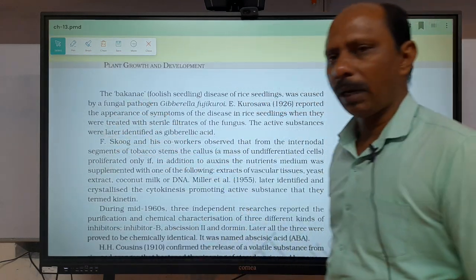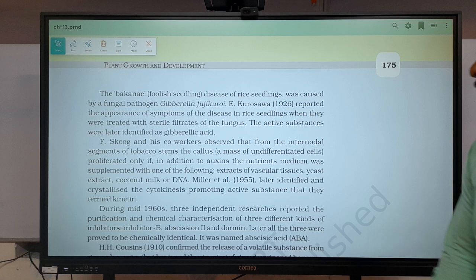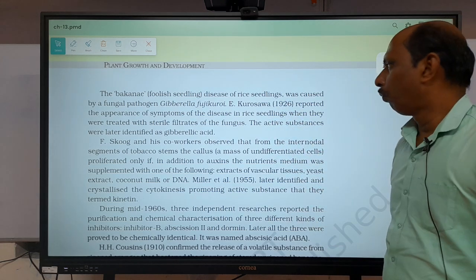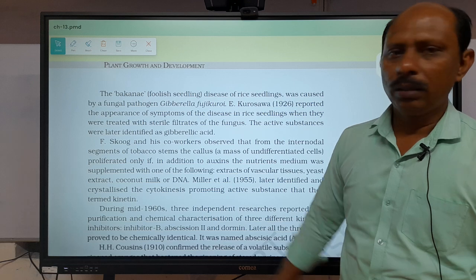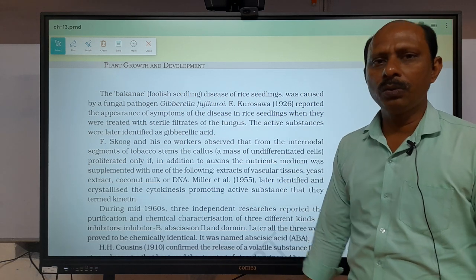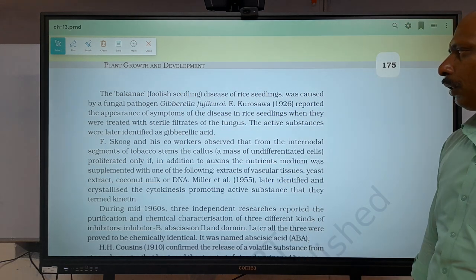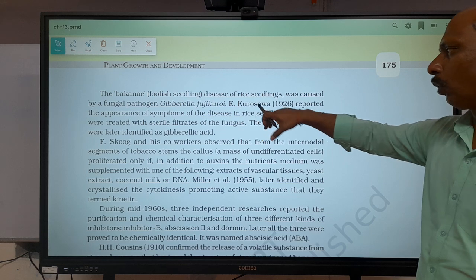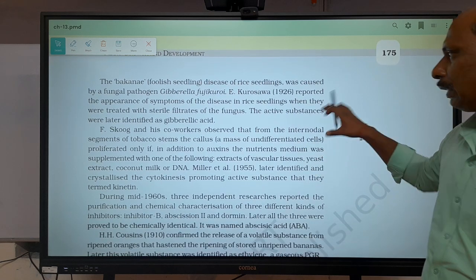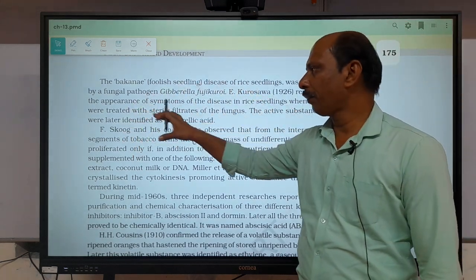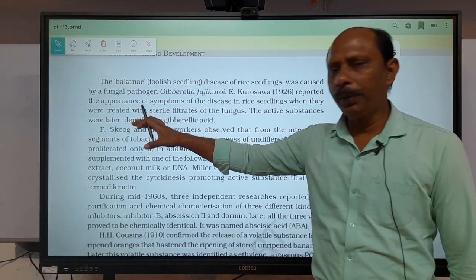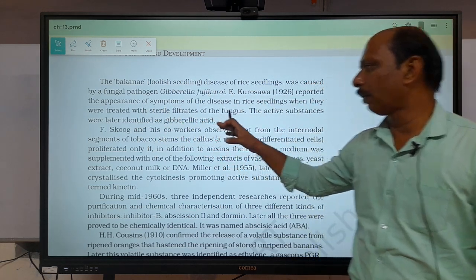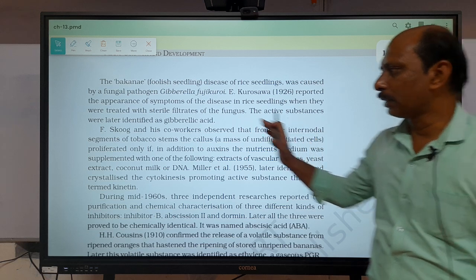Second, Bakanae disease, called foolish seedling disease of rice seedlings, was caused by a fungal pathogen called Gibberella fujikuroi. The scientist E. Kurosawa, in 1926, reported the appearance of symptoms of the disease in rice seedlings when they were treated with sterile filtrates of the fungus, the active substances.